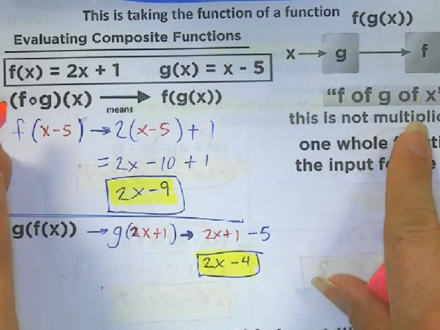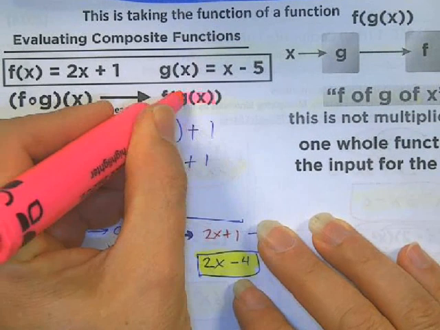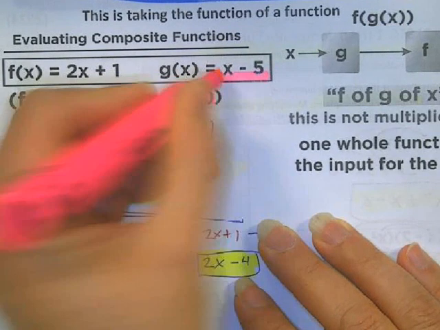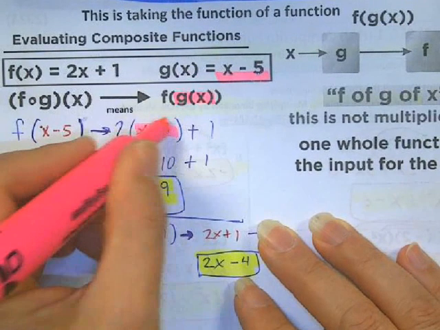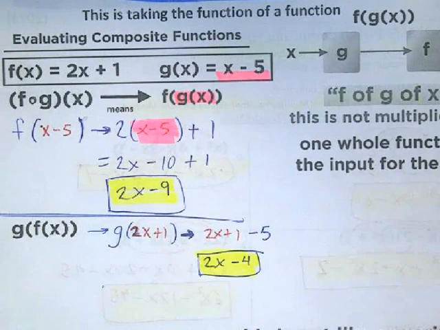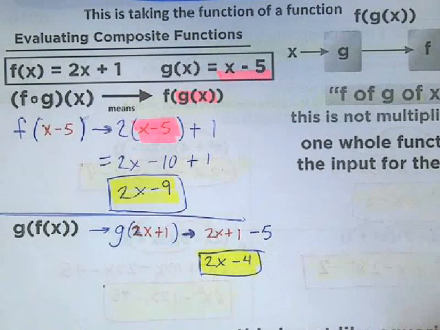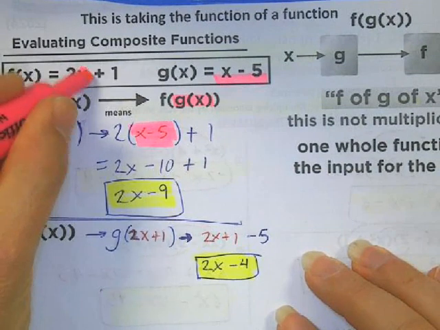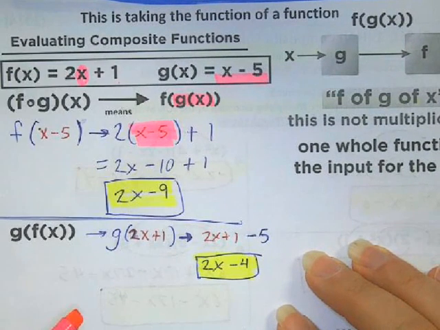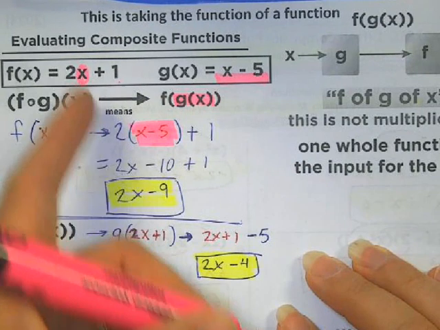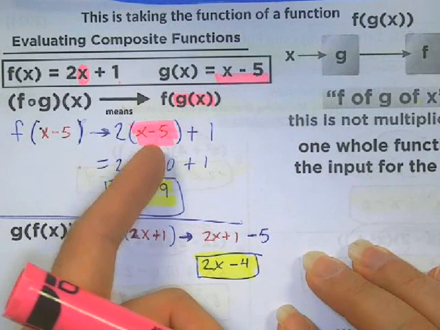And so g of x is equal to x minus 5, right? So I'm going to put in x minus 5 right there. And f, the function of f, is 2 times whatever this is plus 1. So it's 2 times that, whatever that pink dot is, plus 1.